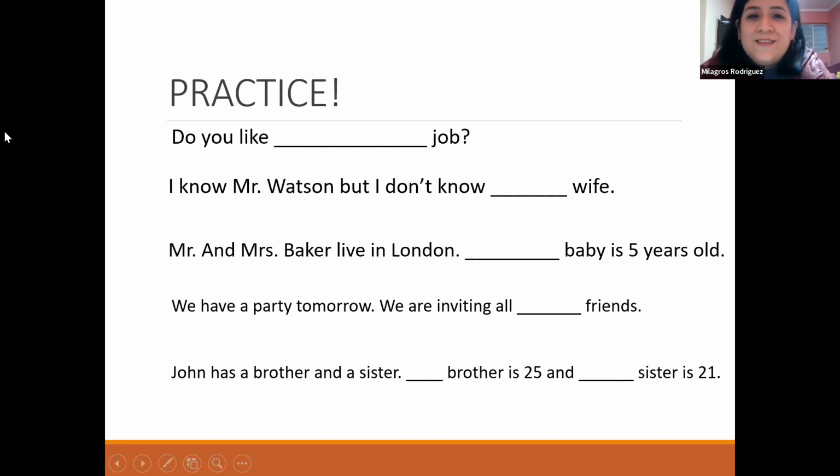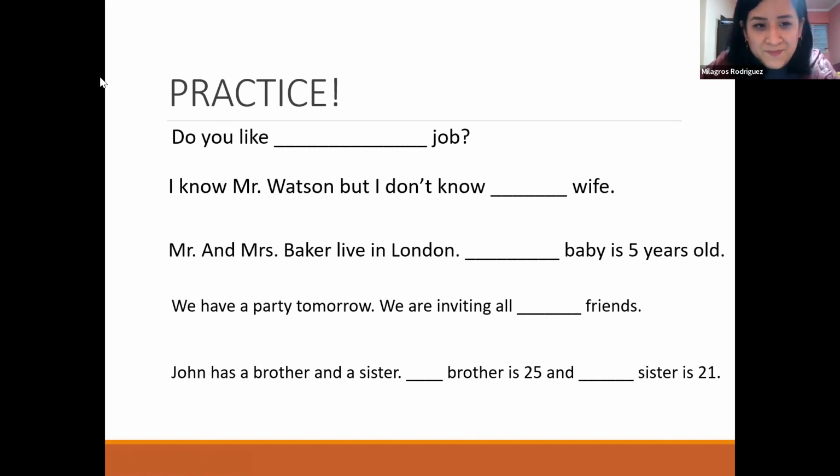How do you know that you have to write your? Because the subject in this case, the person who is doing the action, is you. So there has to be a logical relation, right? A connection between the subject and the possessive adjective. You, your. Very good.